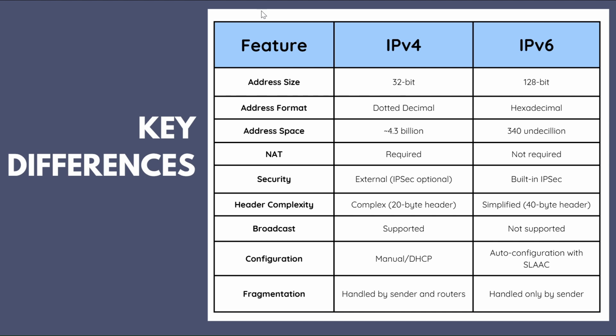Broadcasting. Supported in IPv4 but not in IPv6. Configuration. IPv4 often requires manual configuration or DHCP, whereas IPv6 can auto-configure. Header complexity. IPv4 headers are complex and variable, while IPv6 headers are fixed and simpler.